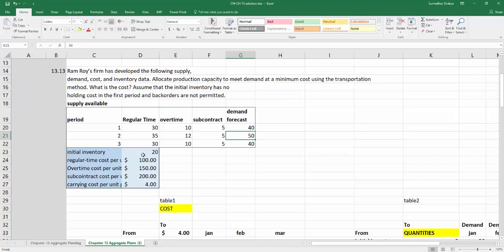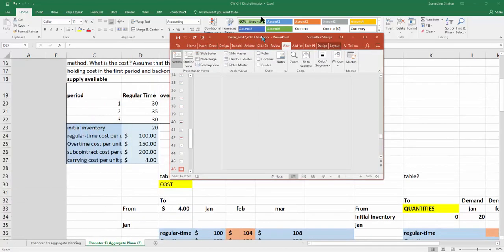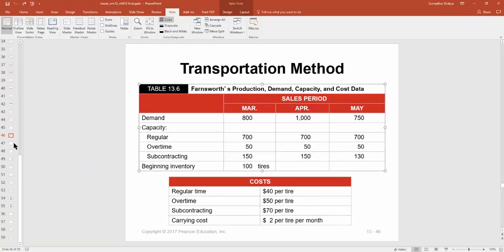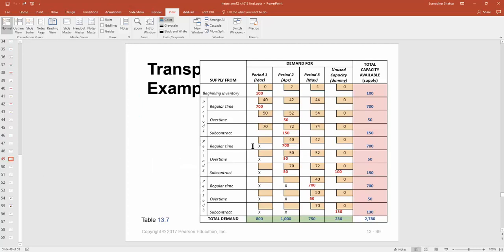Now we also have the initial inventory of 20 units, and there are costs for regular time, overtime, and subcontracting of 100, 150, and 200, and the holding or carrying cost is $4 per unit. Now, the easiest way to solve this is the transportation method, which is shown in our PowerPoint as an example here.